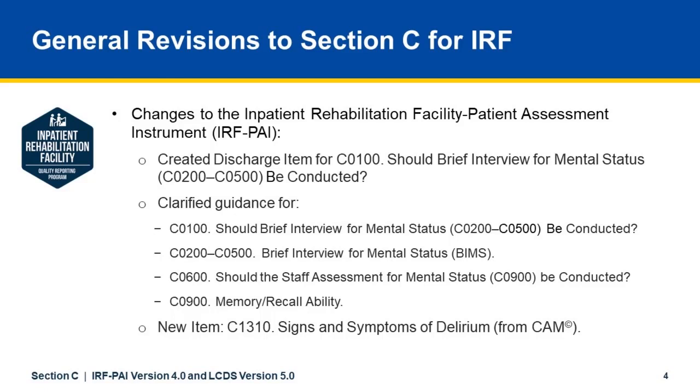We clarified guidance for C0100, and for C0200 to C0500, the brief interview for mental status, we know as the BIMS. C0600, should the staff assessment for mental status C0900 be conducted, and C0900, memory recall ability, are both clarified in the guidance. And then, as I mentioned before, we have a new item, C1310, signs and symptoms of delirium from the CAM.